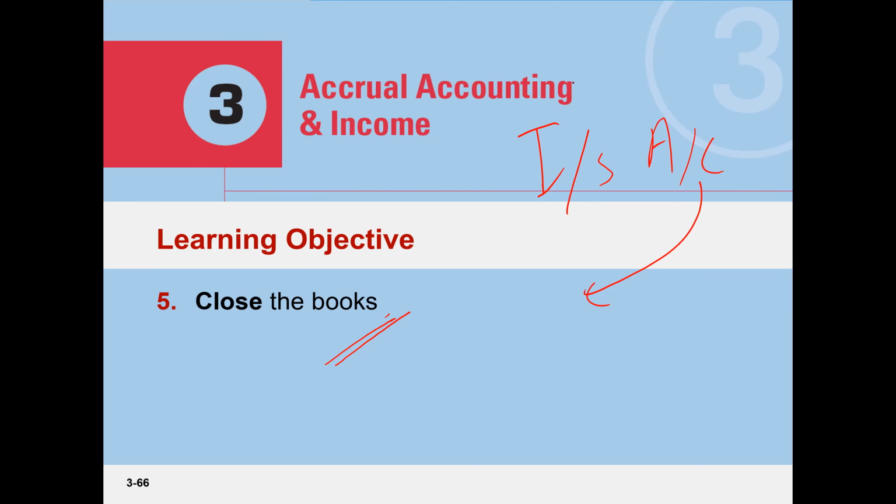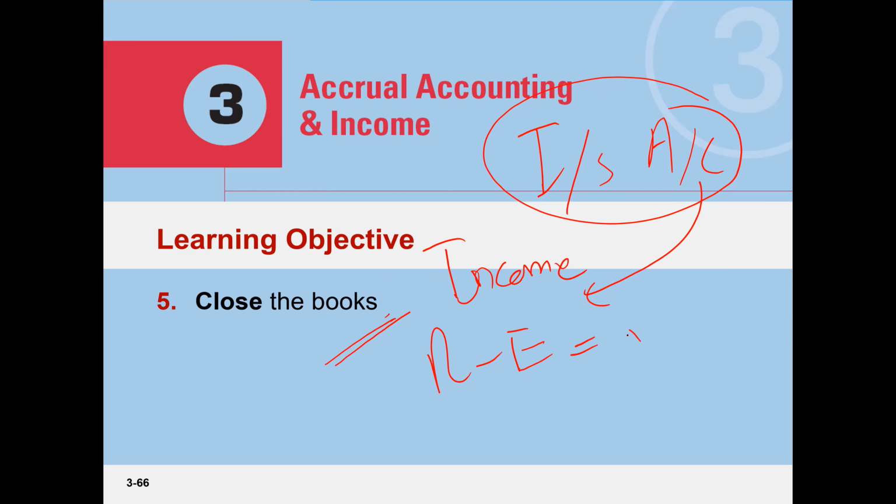Why? Because the income statement shows the income or revenue minus expense during the year, right? So we have to close, for example, this is income for 2014.